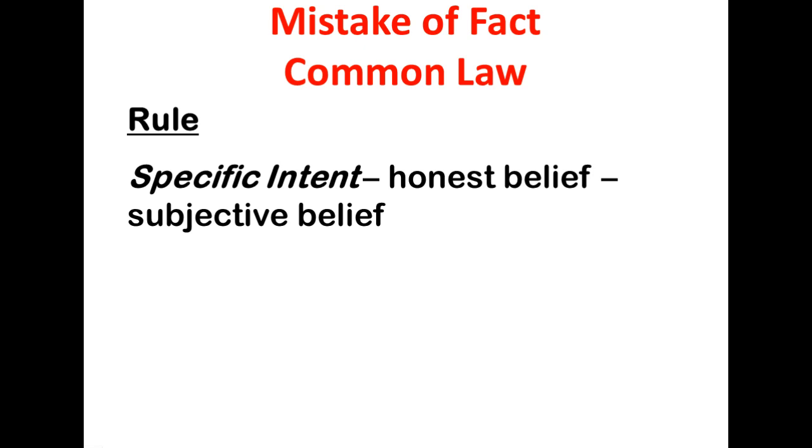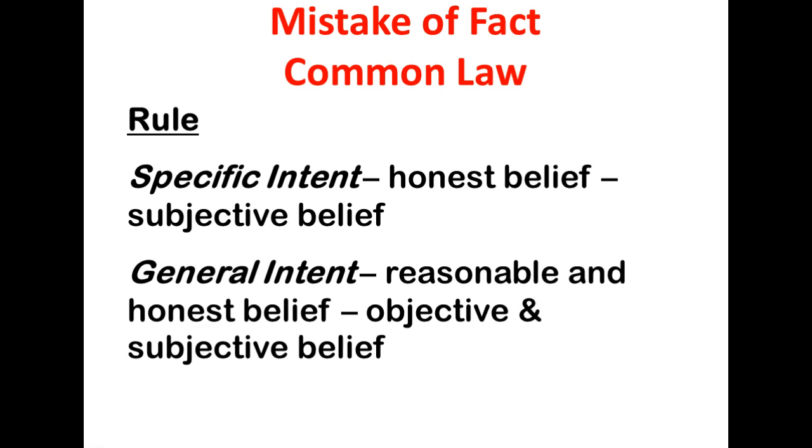If it's a specific intent offense, it gets evaluated by honest belief. That is a subjective belief of the defendant. If it is a general intent offense, it gets evaluated as to whether that belief, that mistake, is reasonable and honest. This is an objective and subjective belief.